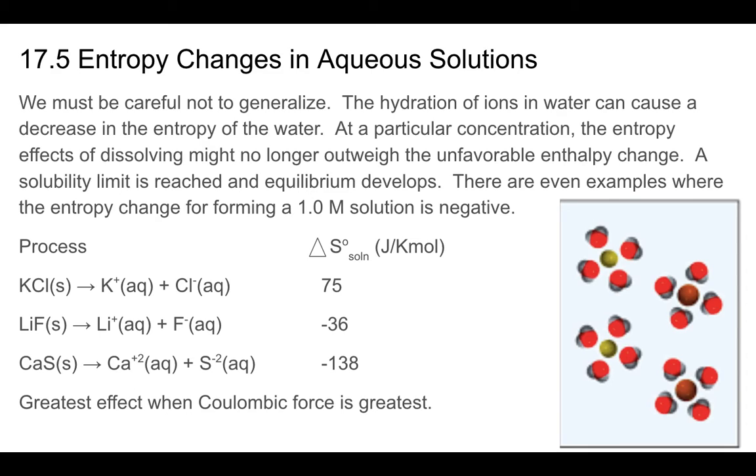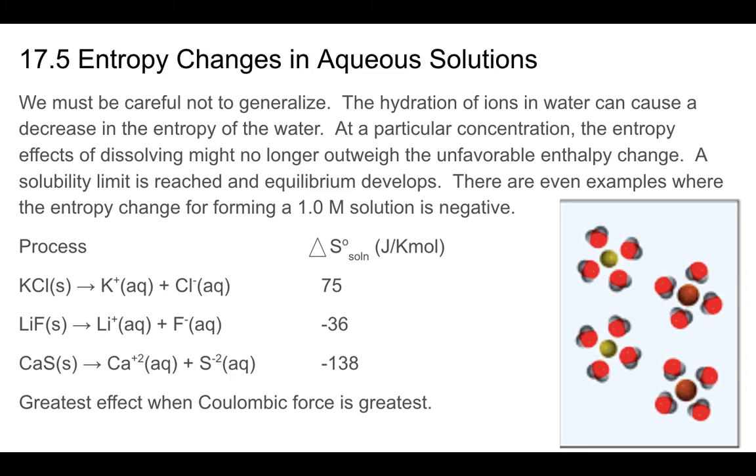However, when you have very strong Coulombic forces between the ion and the water, the ion's effect on water will be to create quite a bit of order in the water. And so we're thinking mainly of the ions, but think about what's happening to the water.